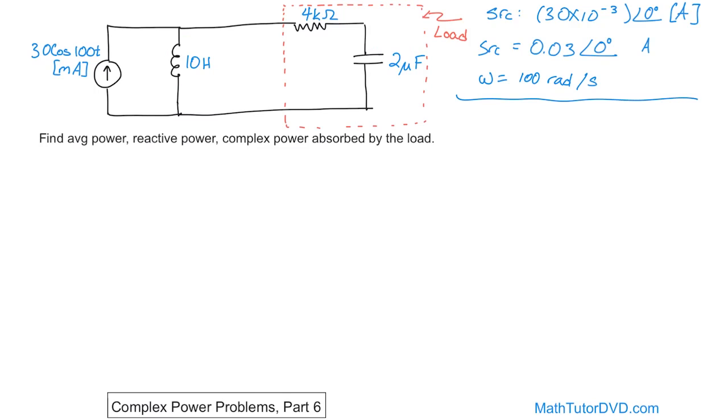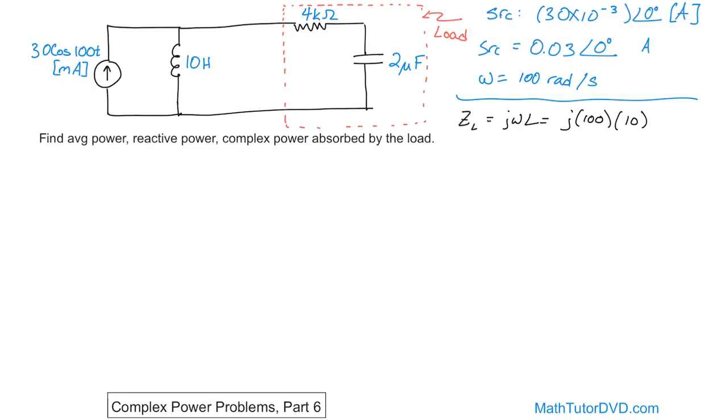Let me change colors real quick. We're going to calculate the impedance of the inductor, Z sub L. This is not Z sub load, this is just Z sub L, the impedance of that 10 henry inductor there. What is the impedance of an inductor? It's j omega L. So in this case, it's j times 100, omega, times L, which is just 10.